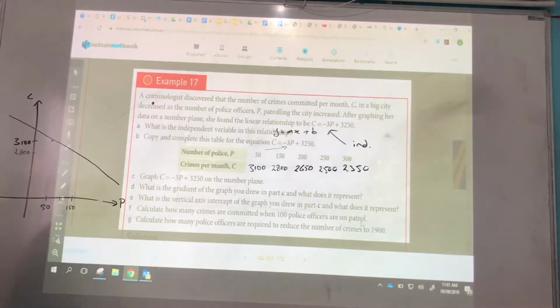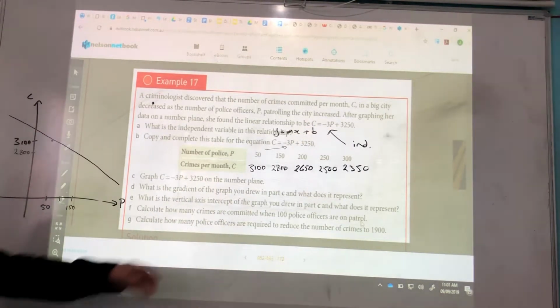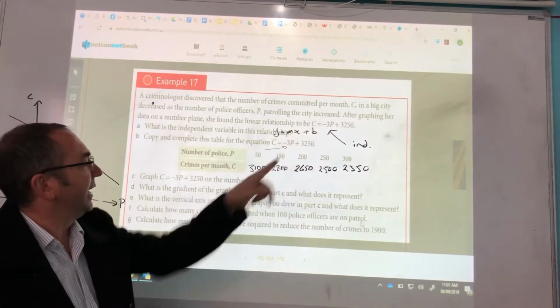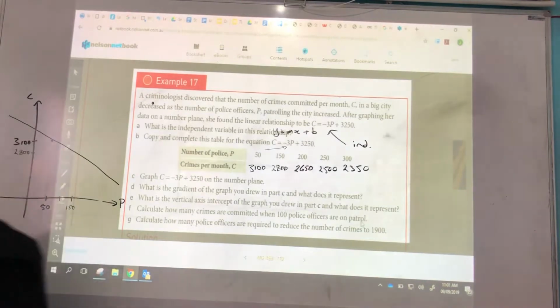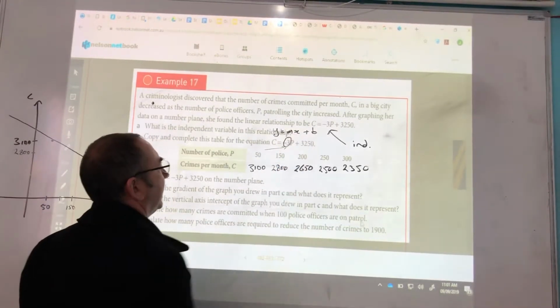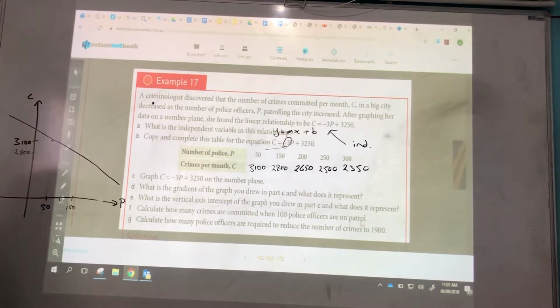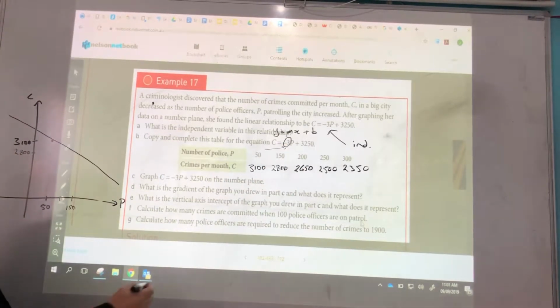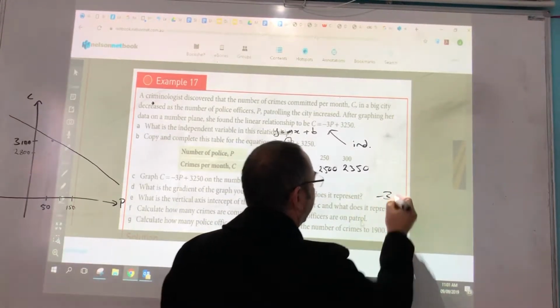You'll see that this looks almost exactly the same. The only difference is we've got c instead of y and p instead of x. So you should be able to read the gradient here as the m, or that coefficient of the p. So the gradient here is -3.